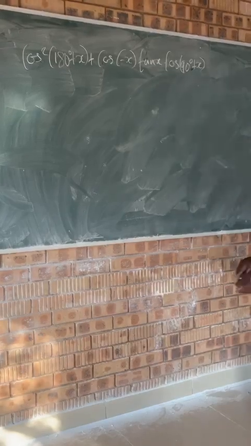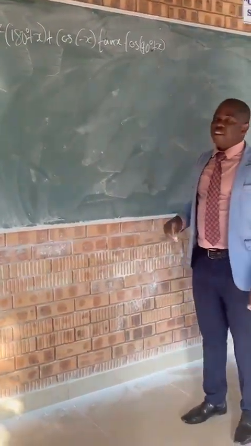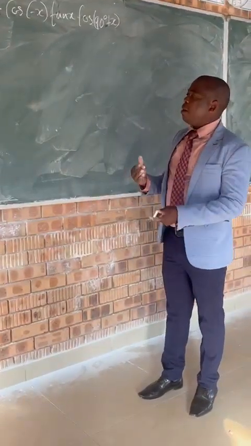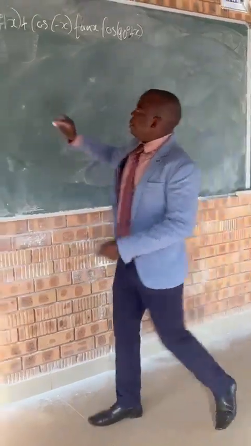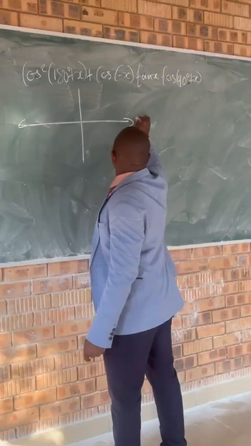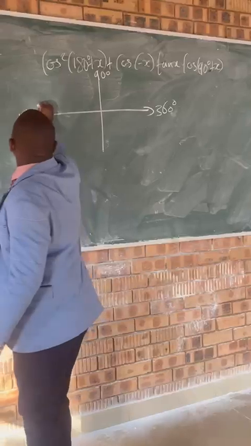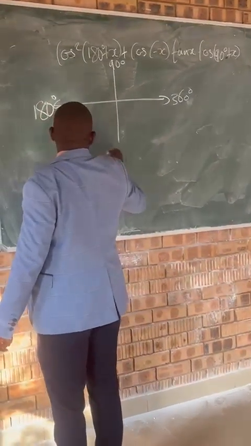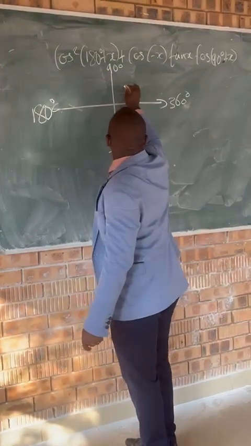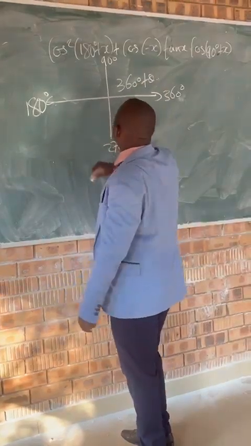The most important thing when dealing with trigonometric expressions is to be able to identify the quadrants. When we say 180 plus, which quadrant are we referring to? So I'm going to present this briefly. This is 360 degrees, this is 90 degrees, this is 180 degrees, this is 270 degrees. In this quadrant, it is 360 degrees plus x.